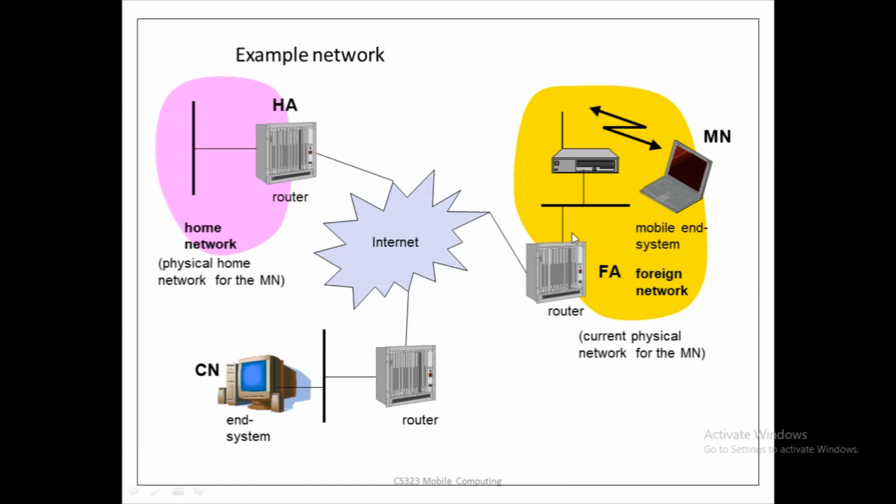MN, the mobile node again, in its current physical network. Then the router and end system CN, which we call the corresponding node. So this is the example network.